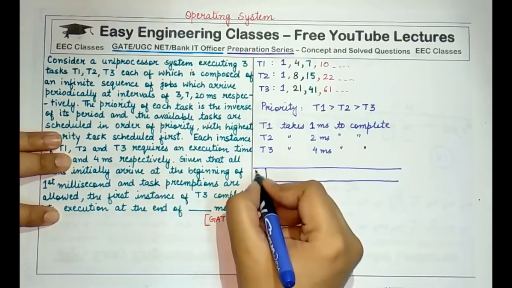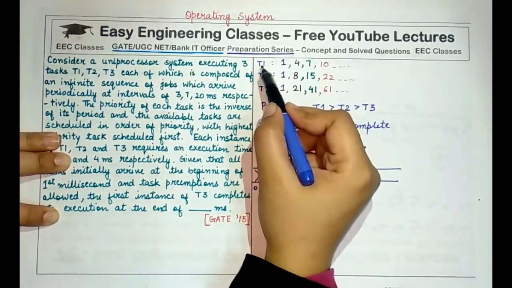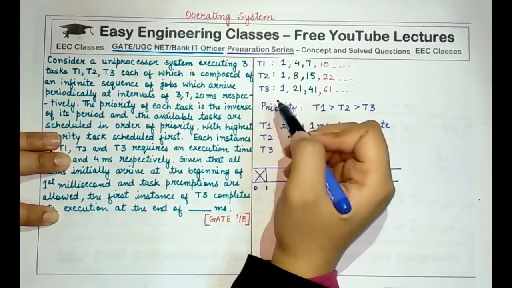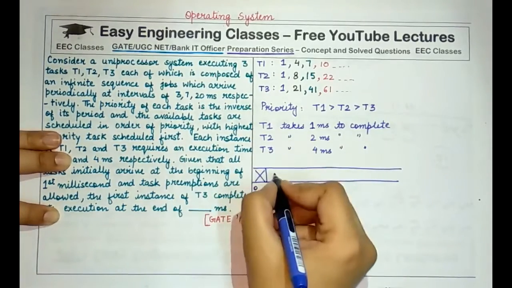So from 0 to 1 nothing is available. At time 1 all of T1, T2 and T3 are available. That means the first instance of each of T1, T2 and T3 is available, but since T1 has the highest priority, we'll take up T1 and execute it.